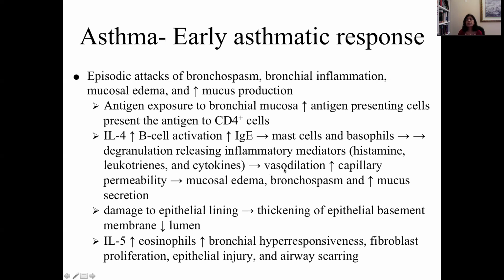All right, so inflammatory response is what histamine typically triggers. So you're looking at vasodilation, plus increased capillary permeability, and all of this leads to mucosal edema, bronchospasm, and increased mucus secretion. Okay, we looked at those here, and those are all possible. Now, damage to epithelial lining.